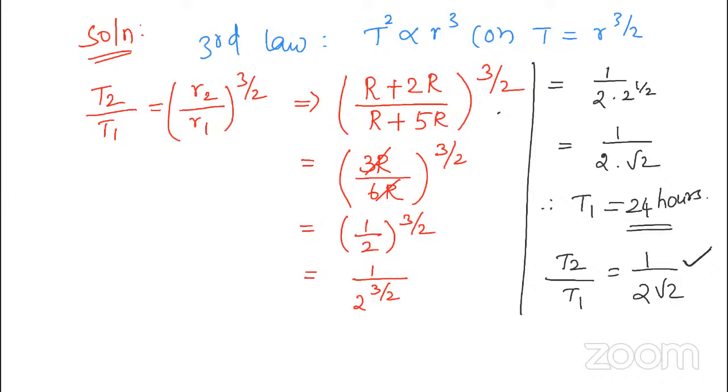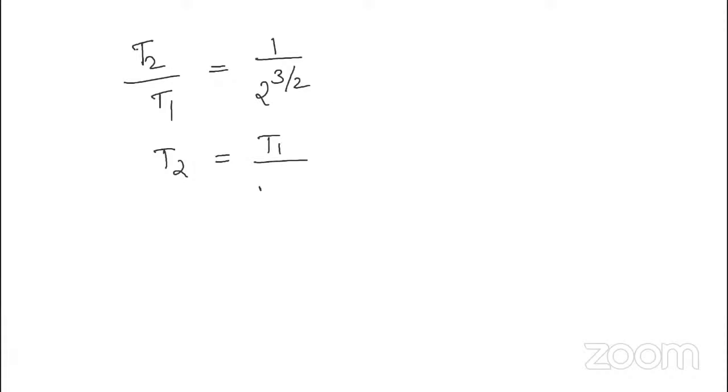So far we have solved T2 divided by T1 equal to 1 divided by 2 power 3 by 2. We need only the T2 value, so T2 is T1 divided by 2 root 2.